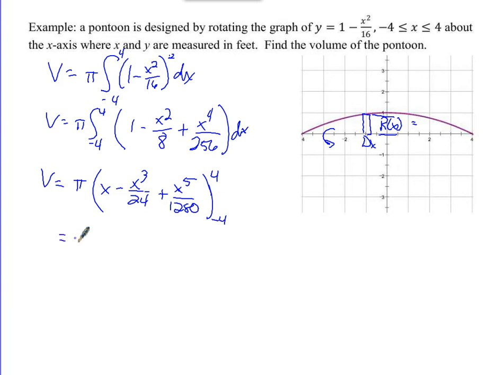So we get a pi out front times... hopefully you're using a calculator here. We got 4 sitting there, x to the third. So 4 to the third is 64, 64 over 24.